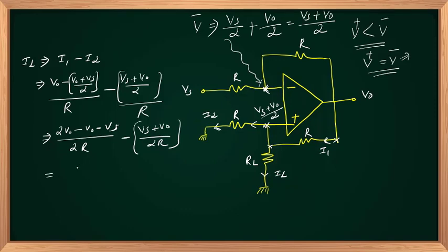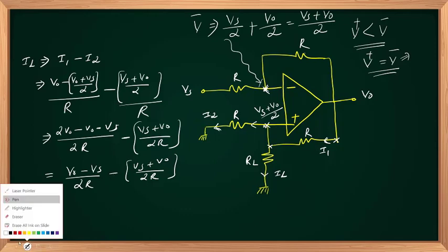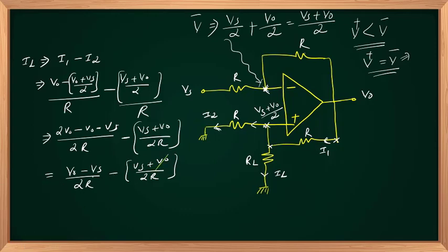So 2V out minus V out will be (V out minus Vs) upon twice R, minus, inside the bracket, (Vs plus V out) by twice R. It is clear that the V out terms will cancel each other, positive and negative. Then minus Vs by 2R minus Vs by 2R will become 2 times minus Vs by 2R, that is nothing but minus Vs by R.